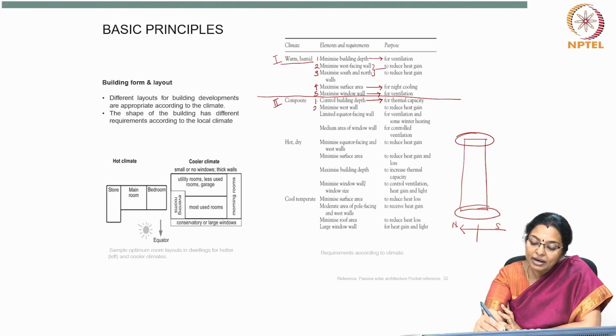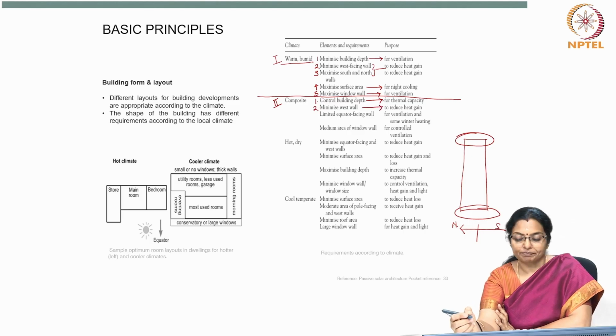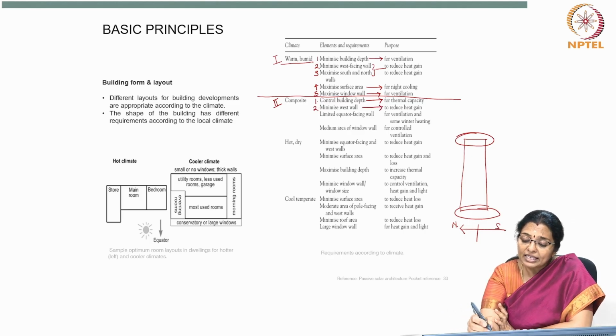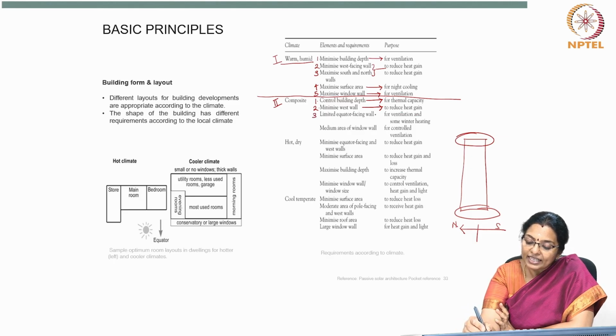You must minimize the west wall to reduce heat gain. You should have limited equator facing wall for ventilation and some winter heating. A medium area of window wall must be available for controlled ventilation.